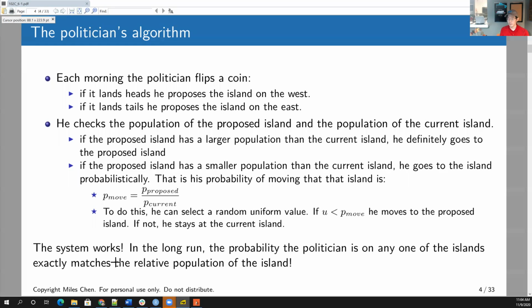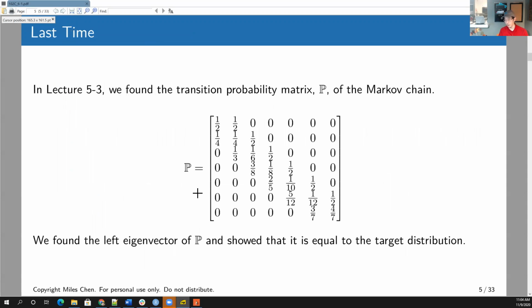What we did on Friday is we said, if this is the system he uses for moving, we can figure out the transition probability matrix.